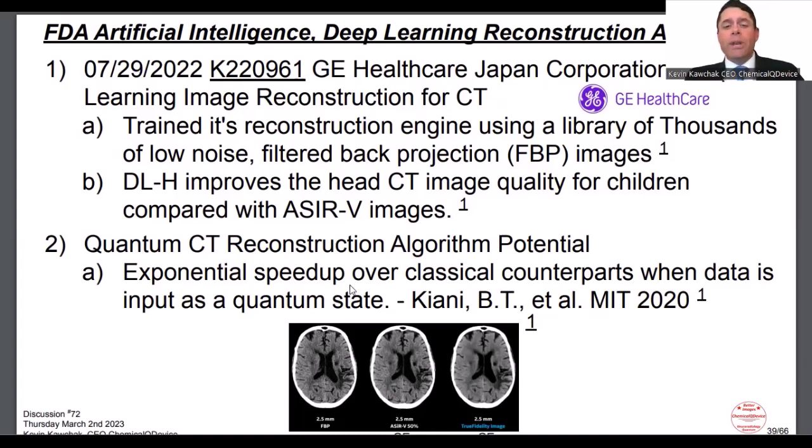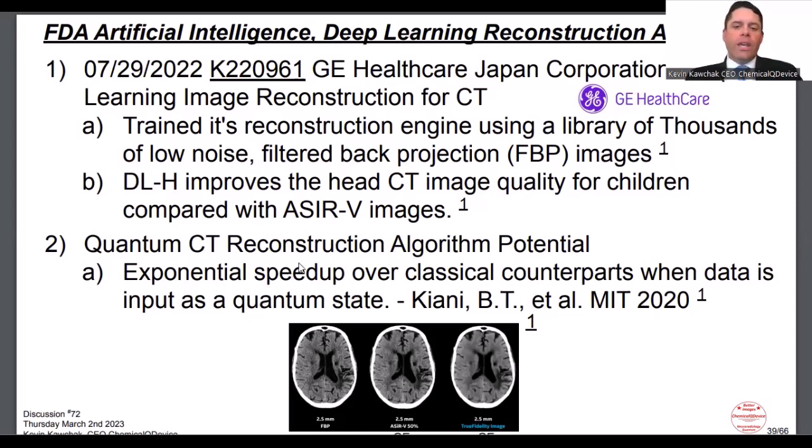and they say exponential speed up over classical counterparts when data is input as a quantum state. So if you remember seeing this, if you've attended any other quantum talk, there's CC, which is classical data, classical algorithm, CQ, QC, and QQ. So right now we don't have exponential quantum data to go into that.